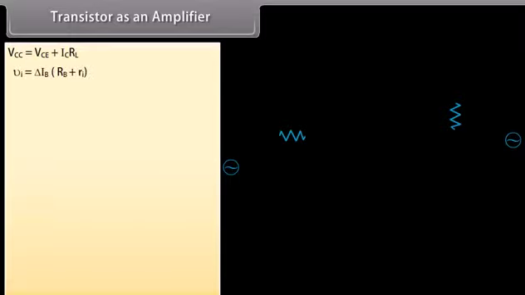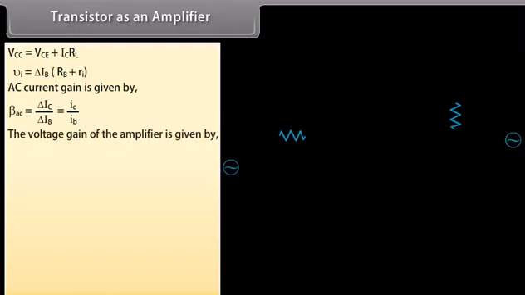Δvi is equal to ΔIB multiplied by (RB plus Ri). AC current gain is given by beta AC is equal to ΔIC upon ΔIB. The voltage gain of the amplifier is given by AV is equal to ΔVCE upon Ri ΔIB, or it can be written as AV is equal to minus beta AC RL upon Ri.